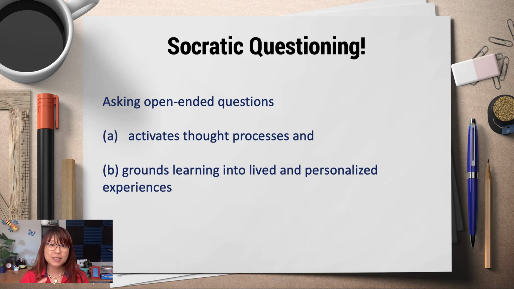Here are some examples of open-ended questions that I will share with you that can activate certain critical thinking learning processes. Now, the thing about critical thinking is it's complicated, right? Thinking itself is a complicated thing. We can't group everything into compartments and boxes.